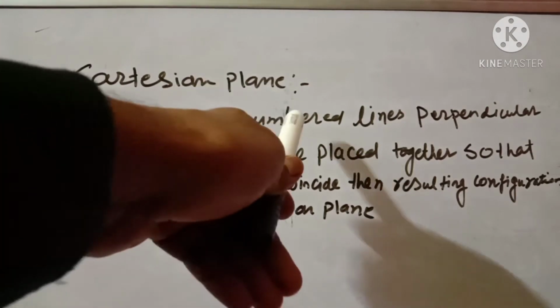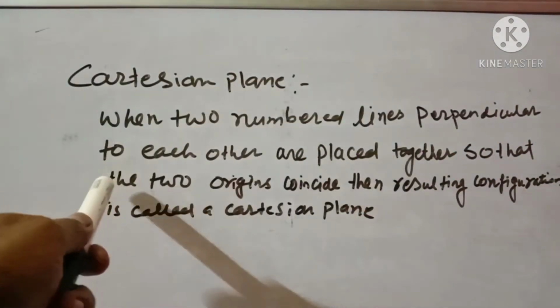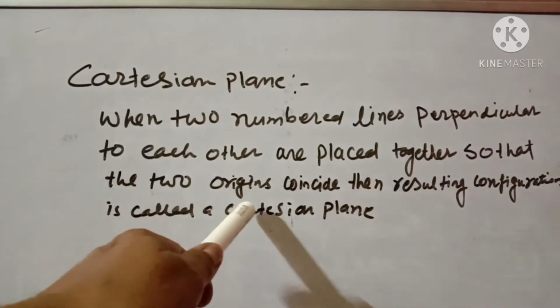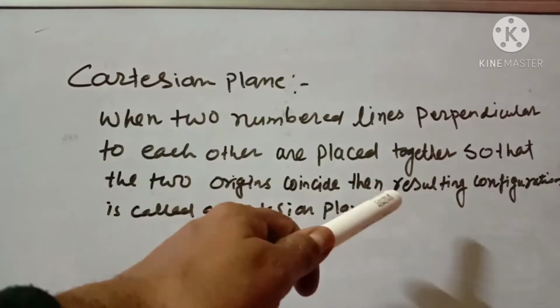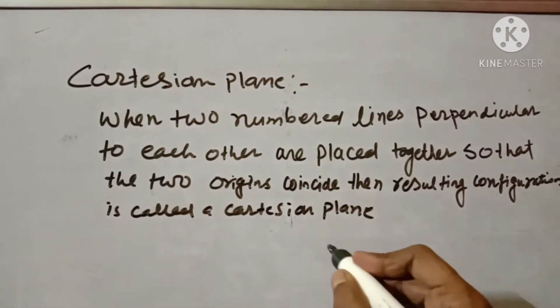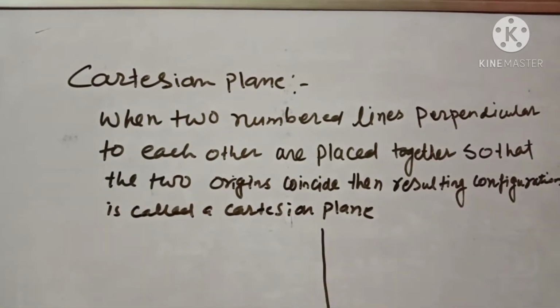Now, Cartesian plane. When two number lines perpendicular to each other are placed together so that the two origins coincide, the resulting configuration is called a Cartesian plane. See, two number lines.